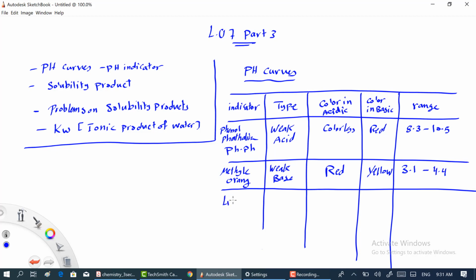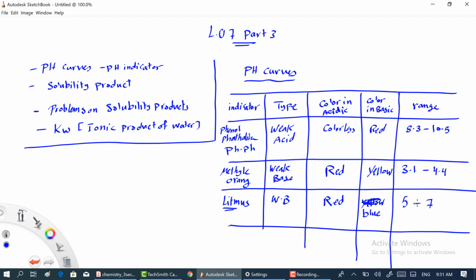Litmus, it's also a weak base. It works as red in the acidic medium and blue in the basic medium, and its range is from 5 to 7 for the pH.